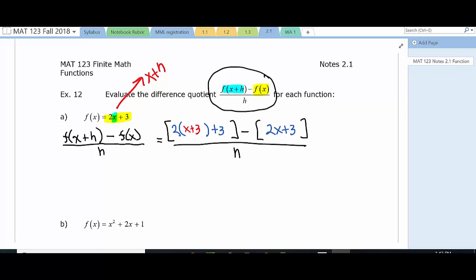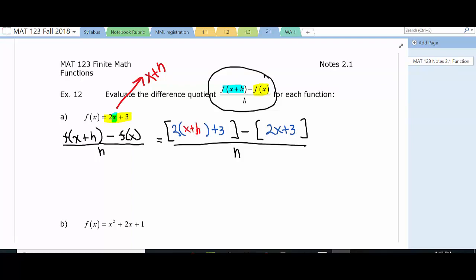Why I did that, I have no clue. So let's get that corrected. Okay, so it goes like that. Do you guys see what I'm doing there? Second bracket is what I give you. First bracket is the same thing, except change the x to parentheses x plus h. Okay, is that clear? It will always be the same. Okay, that's what you got to do, is put it together that way.